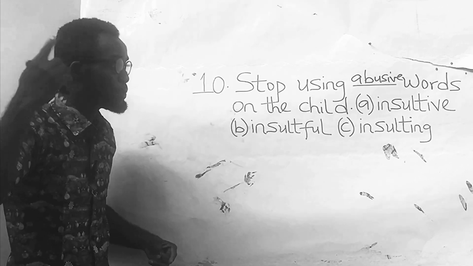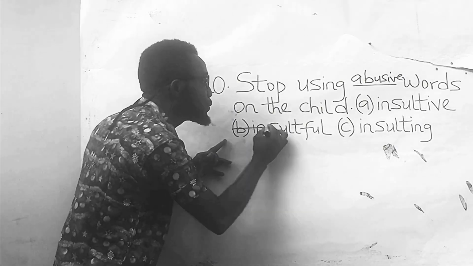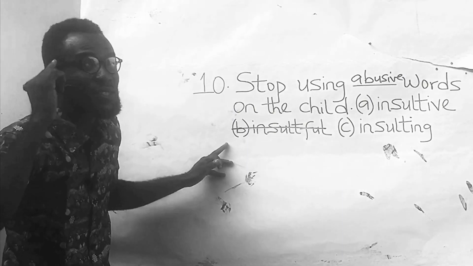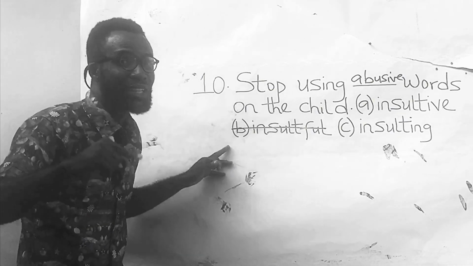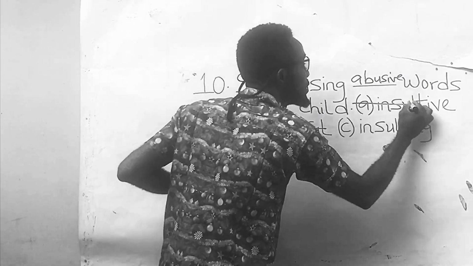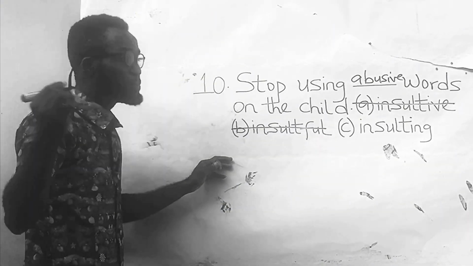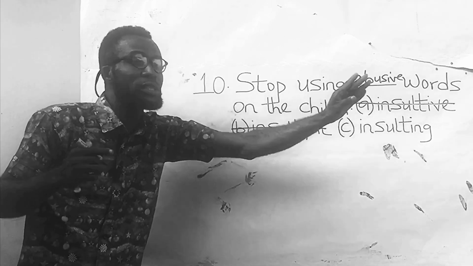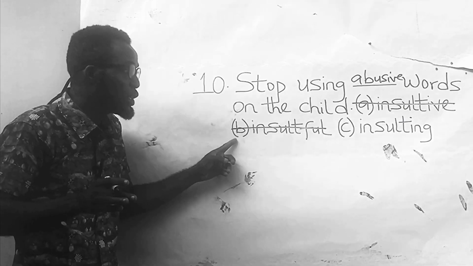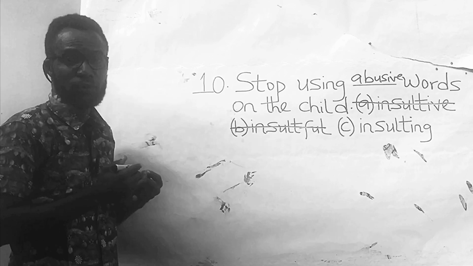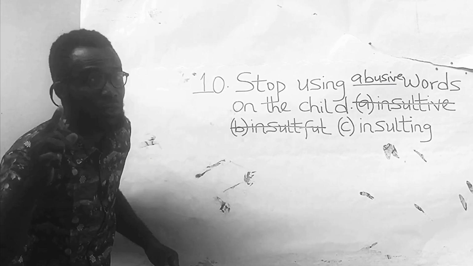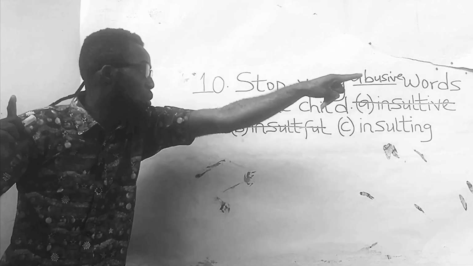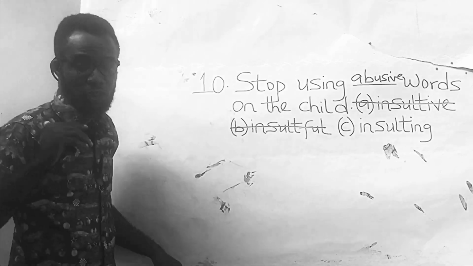Neither do we say that that word or that person is insultive. It means that option A, insultive, is wrong, and option B, insultful, is also wrong. In fact, there is no word as insultive or insultful in the English language.